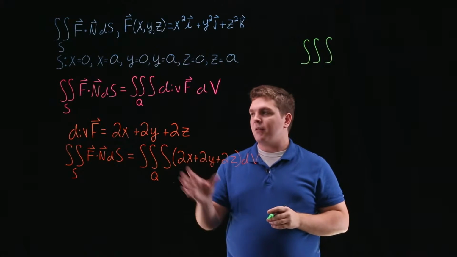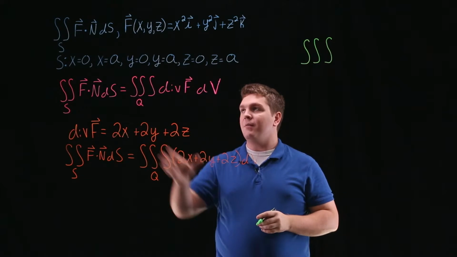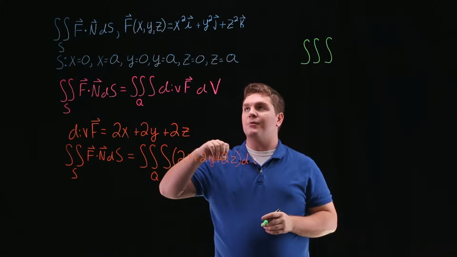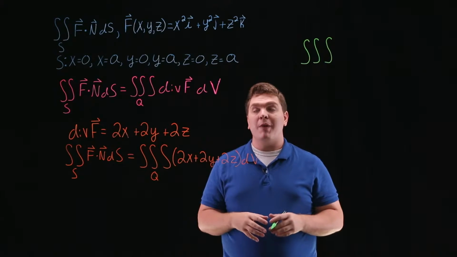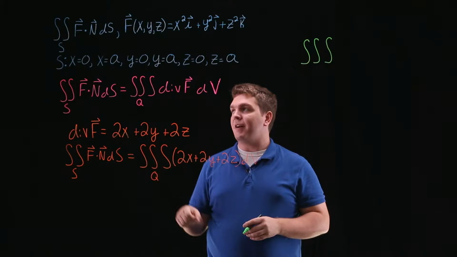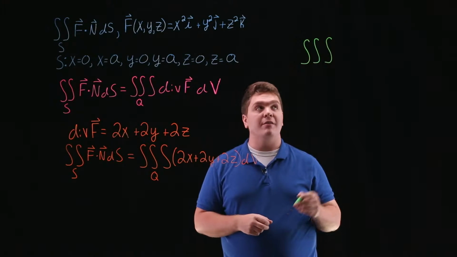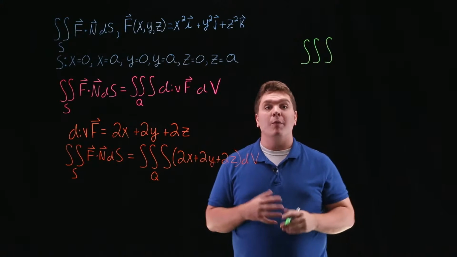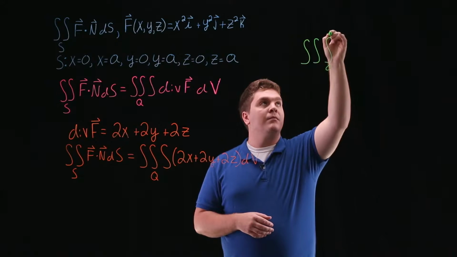Imagine the solid bounded by x equals 0, x equals a, y equals 0, y equals a, and z equals 0, z equals a. We have x varying from 0 to a, y varying from 0 to a, and z varying from 0 to a. So our limits of integration for x, y, and z should all be from 0 to a.